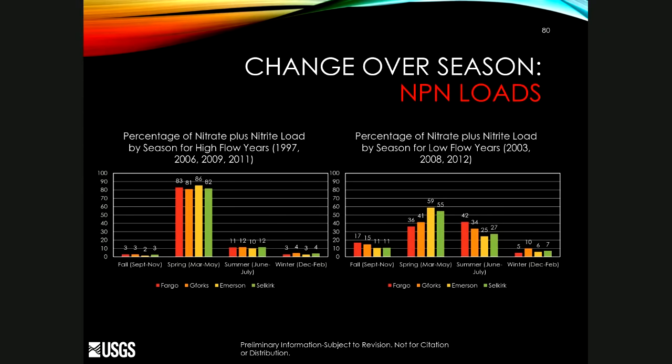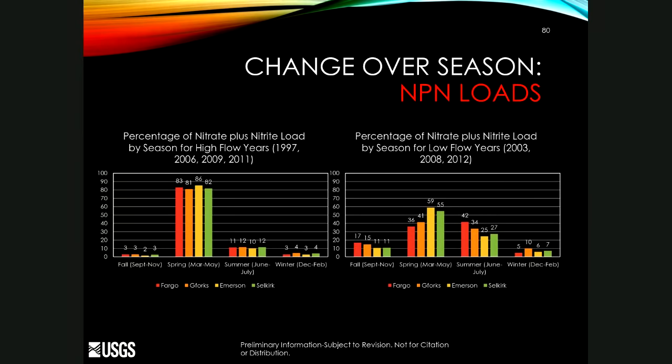So this is looking at, similar to phosphorus, that change over season for the nitrate plus nitrite. And a similar pattern is observed. About 80% of the load is happening in spring during those high flow years, which is similar to the total phosphorus, which I had said was about 75%.